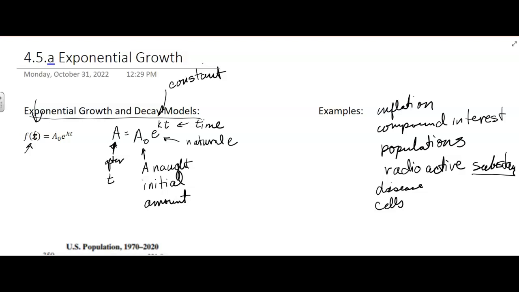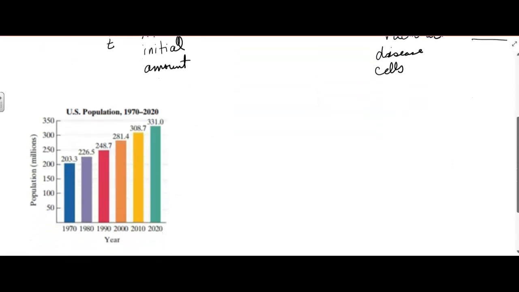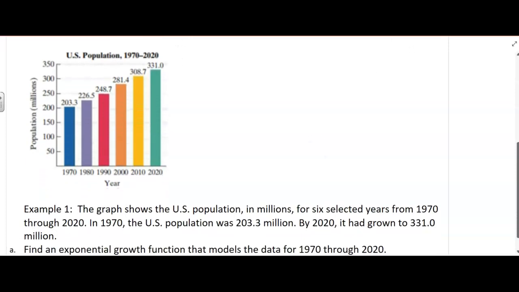Sometimes those grow exponentially. Okay, so here's some information about the US population. You can see here that in 1970, there were 203.3 million people in the United States. We know it's growing because as the years progress, as we have more time, we're getting a higher population.